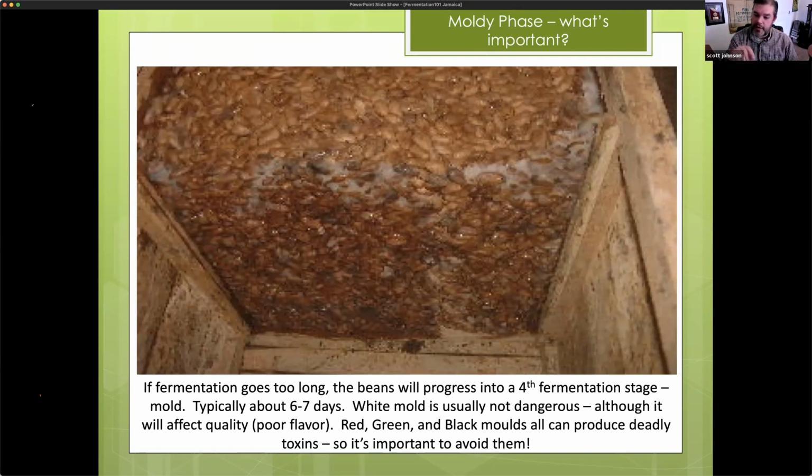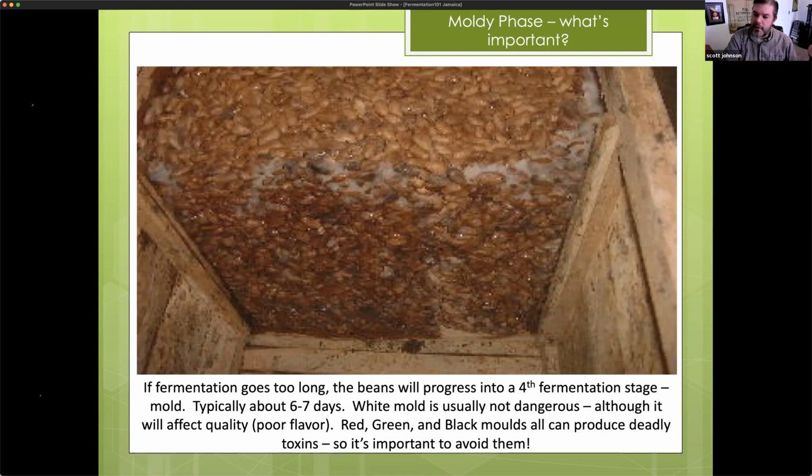And if your mold starts to turn into colors, if it starts to turn red or black or green, that's a sign that you've now got something that's very dangerous. The reason it's dangerous is your colored molds are going to start to produce toxins. Specifically, they'll produce something called an aflatoxin or an ochratoxin.